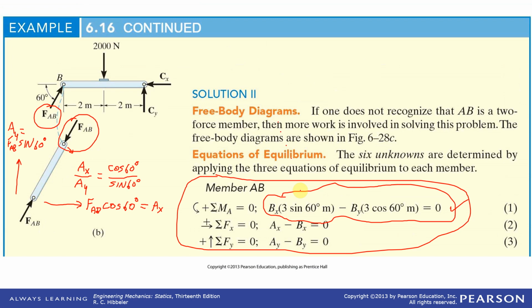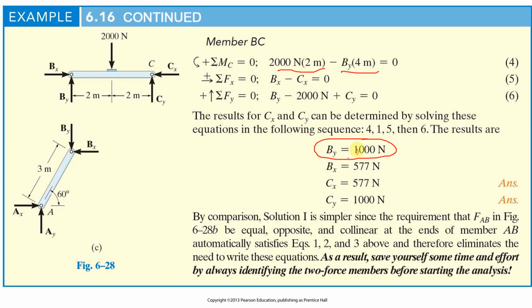Now, going back here, BX to BY, that means you can get BX, which has to be 577. Just like before, CX, and of course CX equals BX, and then CY, combining BY here, 1,000 minus 2,000, negative 1,000, which means CY has to be 1,000.